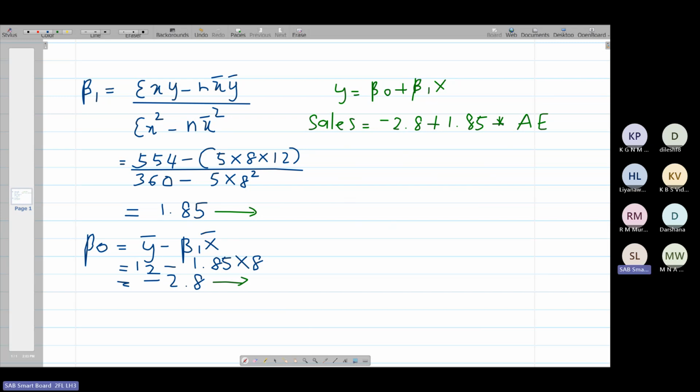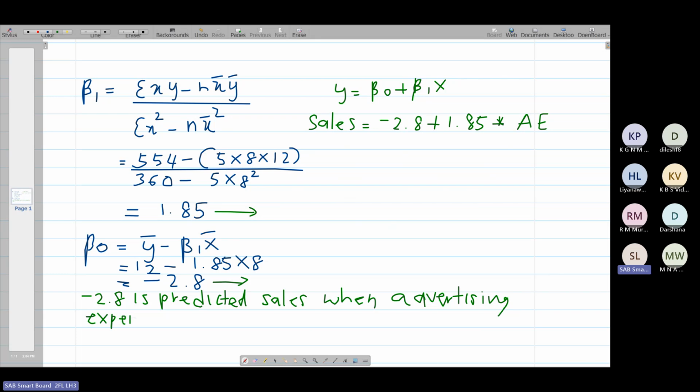Minus 2.8 is the predicted sales when the advertising expenditure is equal to 0. A negative value means there are no sales in practice; we cannot get a negative value for sales revenue.